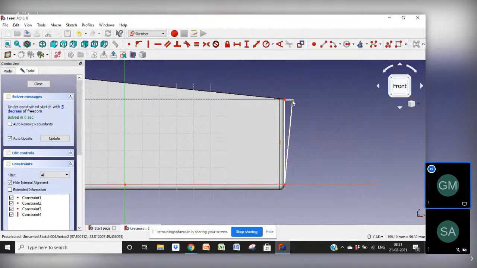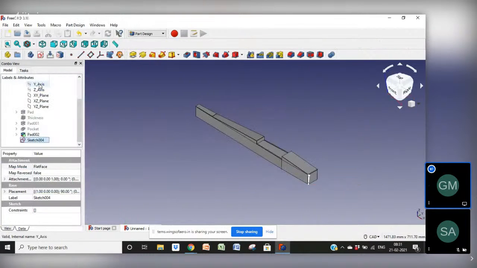We need to make this angle anyhow. Okay, I'm closing it and pad it.